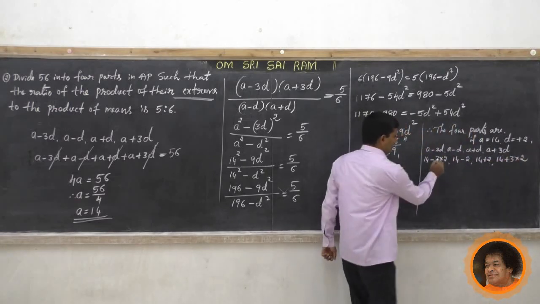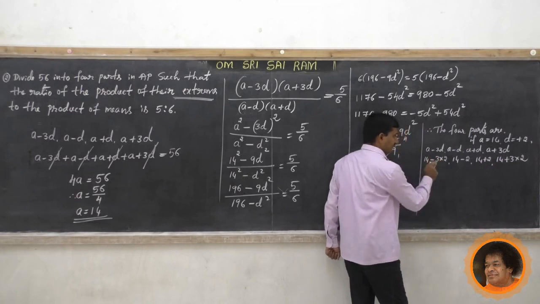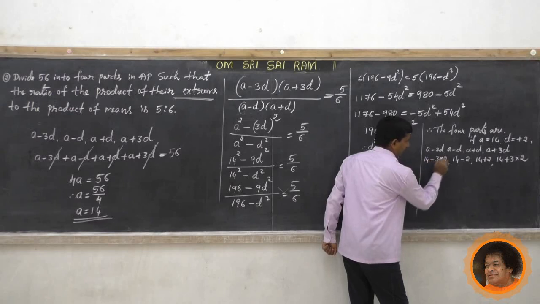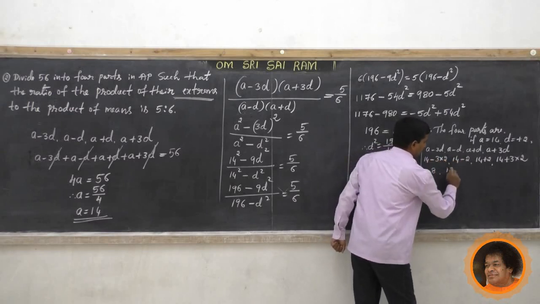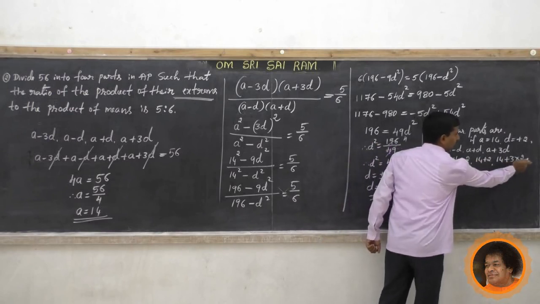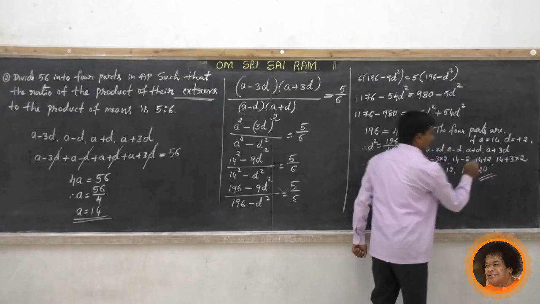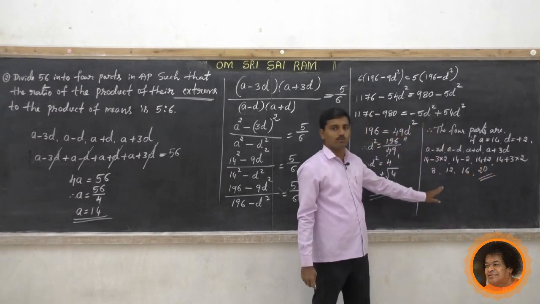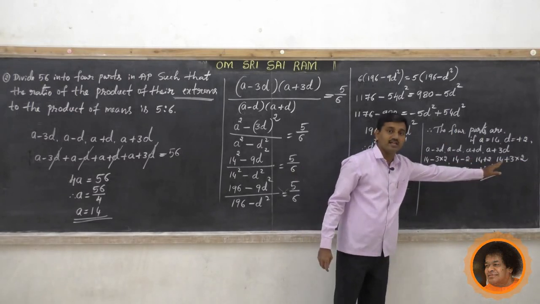Now simplify. 14 minus 6 is 8. 14 minus 2 is 12. 14 plus 2 is 16. 6 plus 14 is 20. So the required 4 parts in AP are 8, 12, 16, 20.